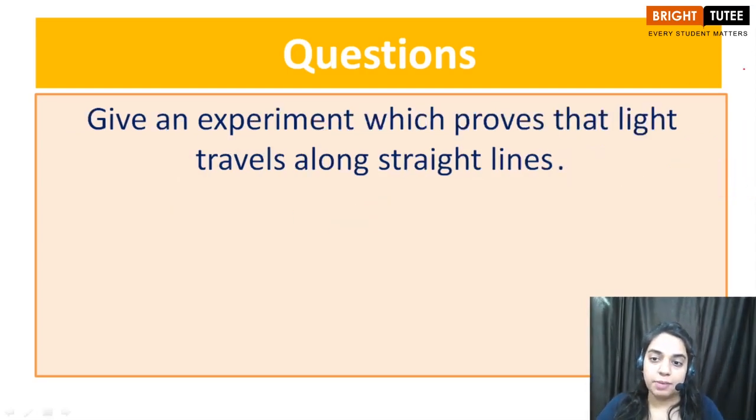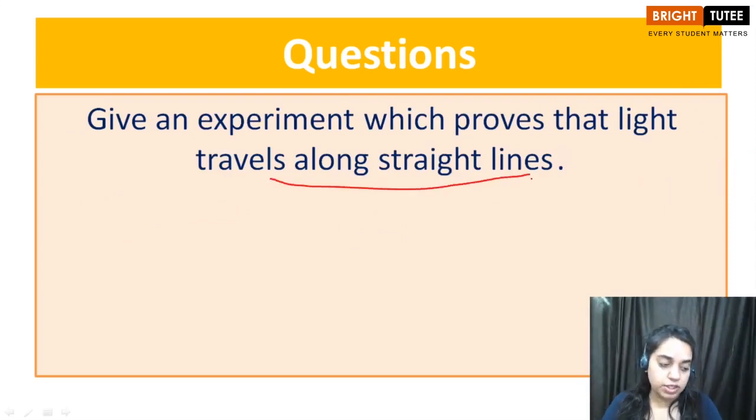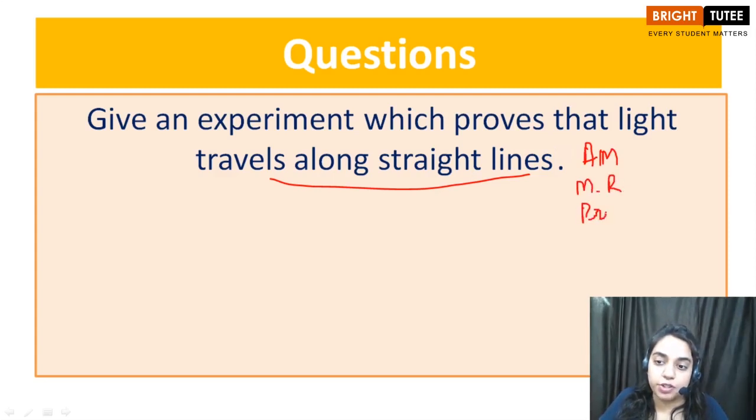Give an experiment which proves that light travels along straight lines. So children, now you can see that this question is asked in the form of an experiment or an activity. Whenever such a question is asked, you will have to write it in a certain manner, wherein you write the aim, the materials required, then the procedure, and make sure that you always write the procedure in points.